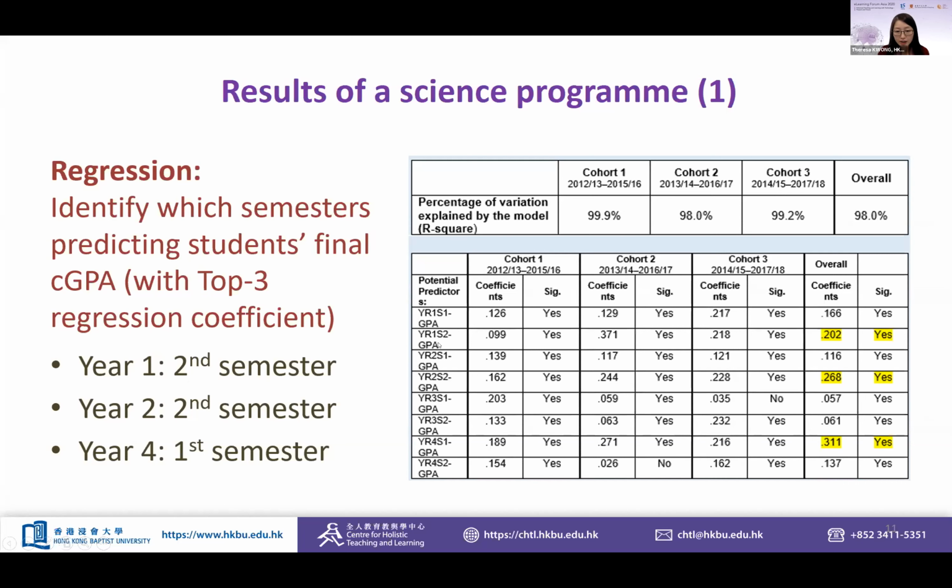You can see from here, first year, second semester, significantly predicting, 0.202. Even though it is not very high, this is still the top 3, then second year, second semester, and then fourth year, first semester.